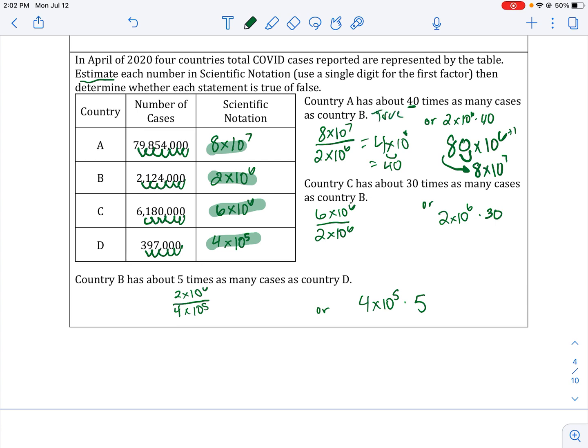All right, country C has about 30 times as many cases as country B. Again, there's two ways to go about this. One, we can divide them.